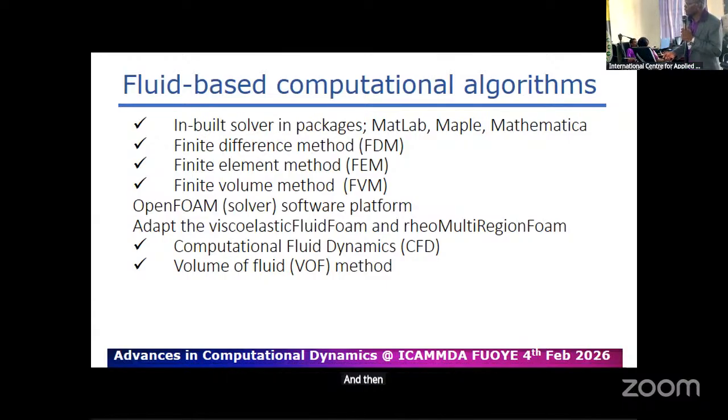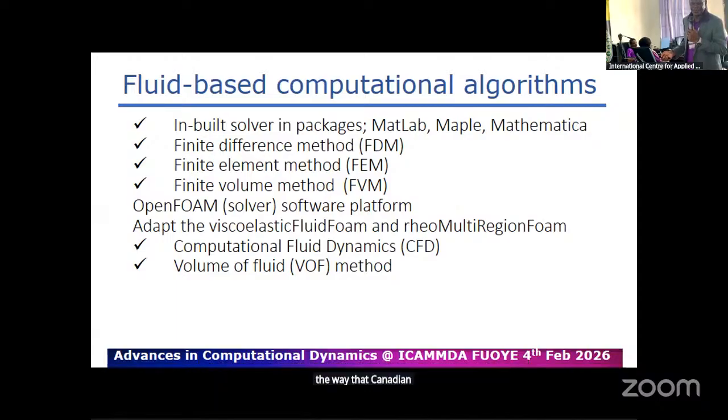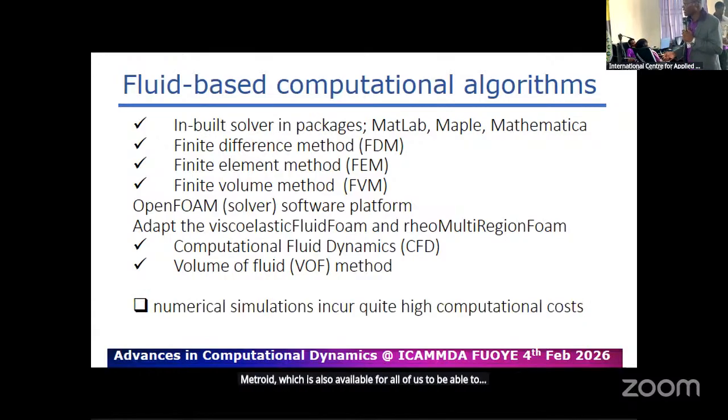And then we have what we call the adaptive FOAM, then the multi-region FOAM. These are things that we can work with that will help our computation. We also have computational fluid dynamics, which most people are working on. But more importantly, people in engineering prefer to use computational fluid dynamics. We have the volume of fluid method, which is also available for a lot of us to be able to actualize.